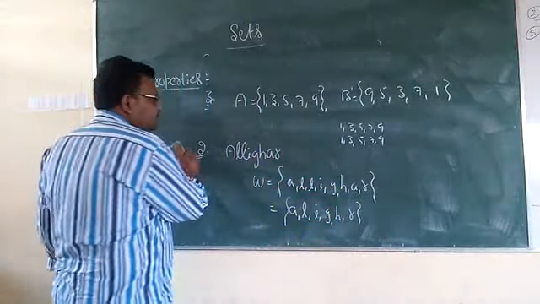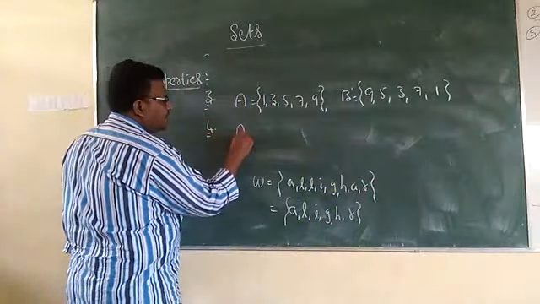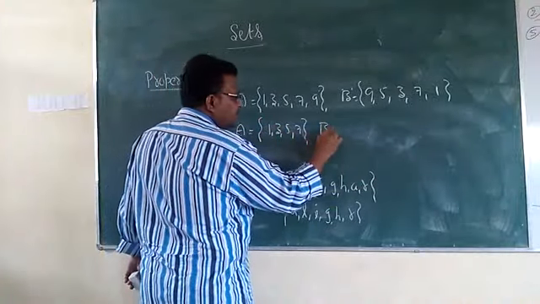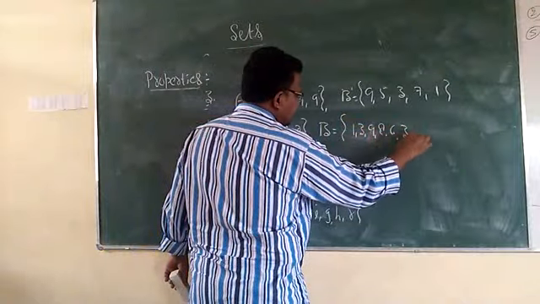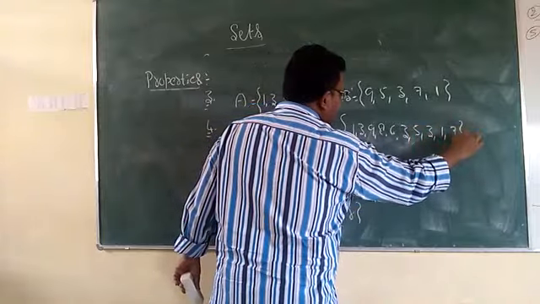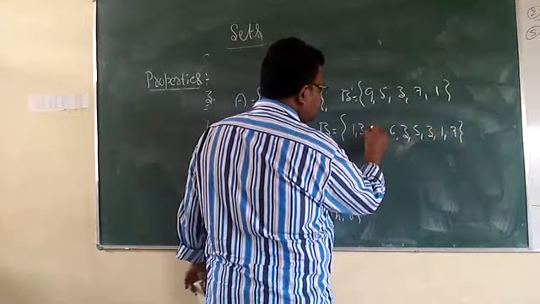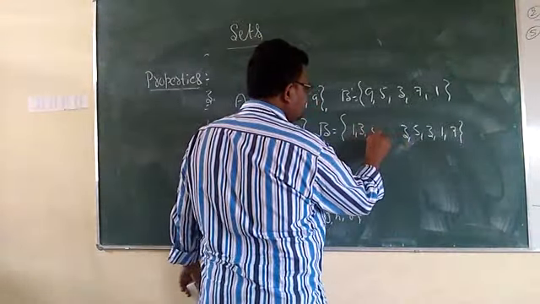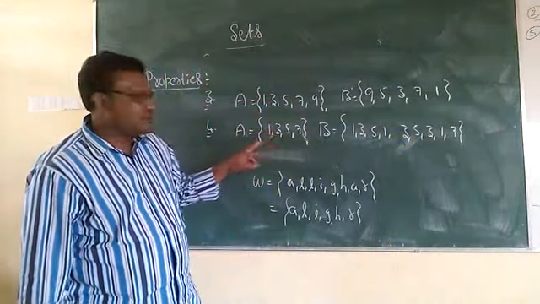And moreover, if A is one set, 1, 3, 5, 7, and B is one more set, 1, 3, 9, 8, 6, 3, 5, 3, 1, 7. Here simply 4 elements are written, 1, 3, 5, 7.